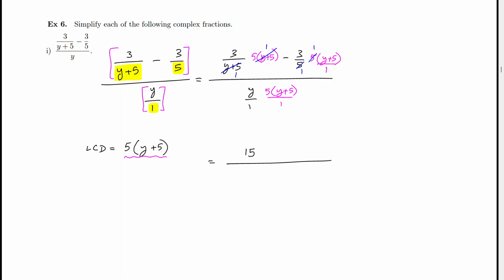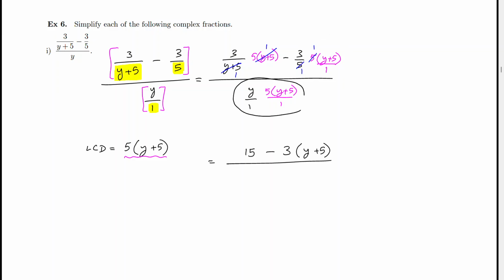Next, we said we can cancel the 5s, and what's left on that second half is the negative that is going to remain. The 3 times 1 will be 3, divided by 1 times 1 is just going to be 3, and the extra y plus 5 is going to come down. It's not going to be reduced on this particular fraction.